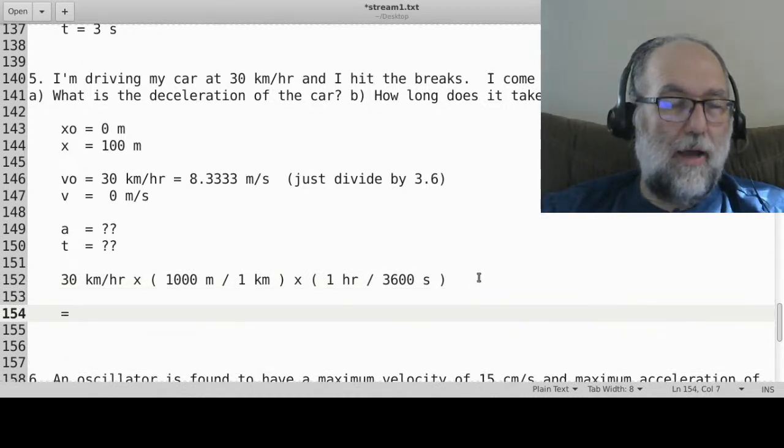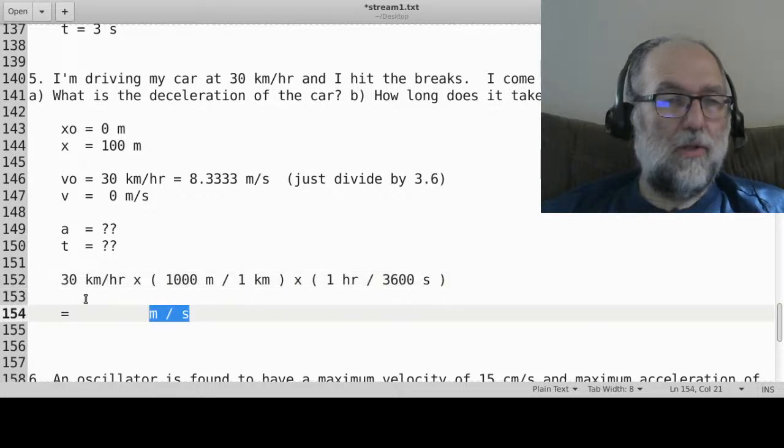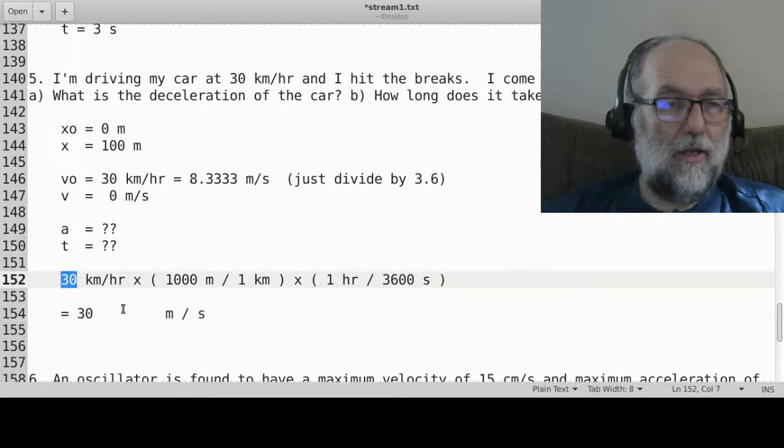And so you're going to get your final units, let me write them over to the side here. Will be meters per second, because that kilometer there will cancel that kilometer there, and that hour there will cancel that hour there. And then you'll just get meters on top and seconds on the bottom. There they are. But then you go, well, what about the number? Well, you've got 30 multiplied by 1,000 divided by 3,600.